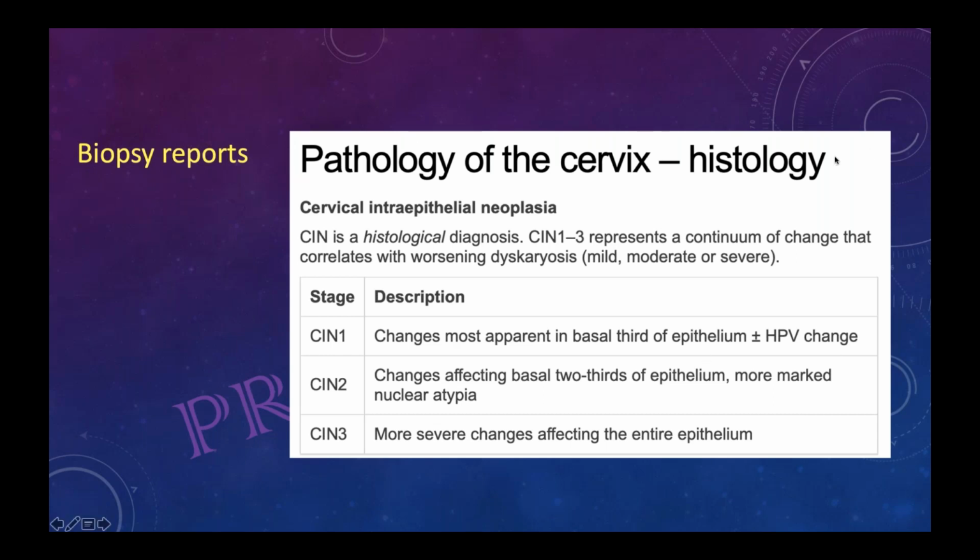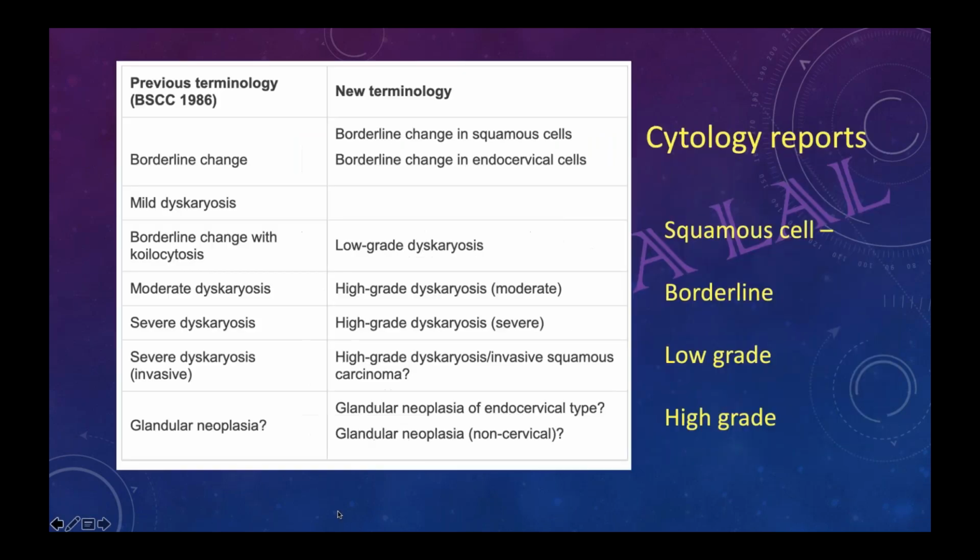The histological diagnosis will usually come in this terminology: CIN 1, CIN 2 and CIN 3, you already know this. And why it is important to understand is that the terminology has to be right. So this is smear terminology.